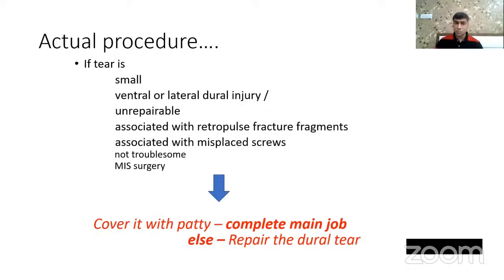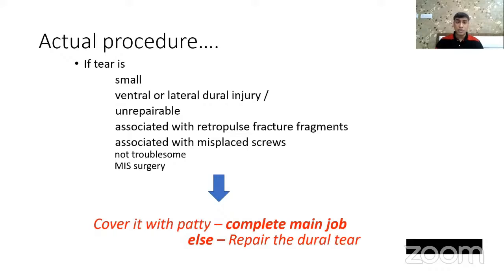Coming to the procedure. If the tear is small, then it is manageable, not causing a problem. Or if it is a ventrally or laterally placed dural injury along the root sleeves, then these cannot be repaired, as we are not able to repair it properly. Or the edges are ragged, totally unrepairable.